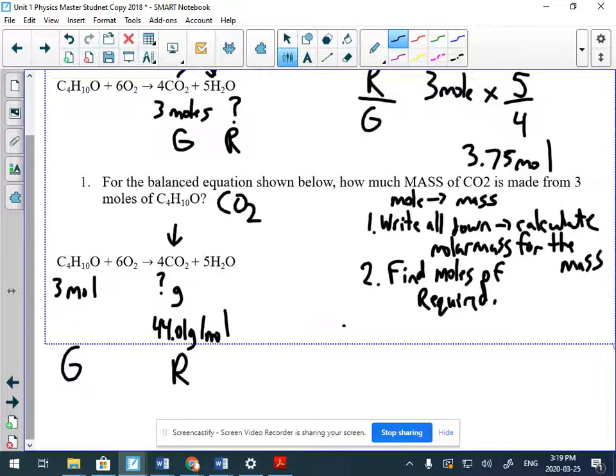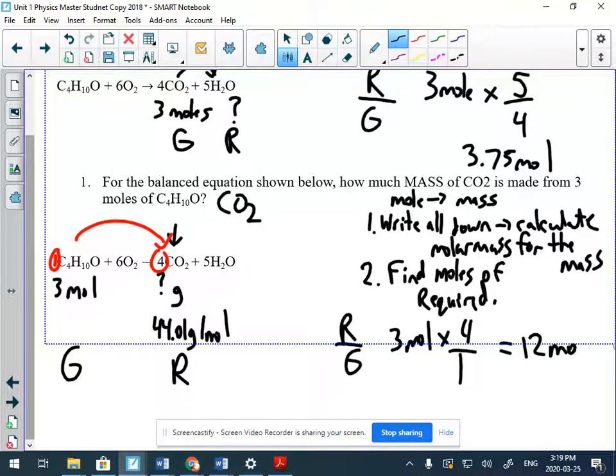So we got to go R over G. So we're going to go 3 mole times our R, which is 4, over our G, which is 1. Remember where we're going? That's the 4. Where have we been? Well, it's a 1. 4 over 1. So we have then 12 mole. Okay, we're not quite done.